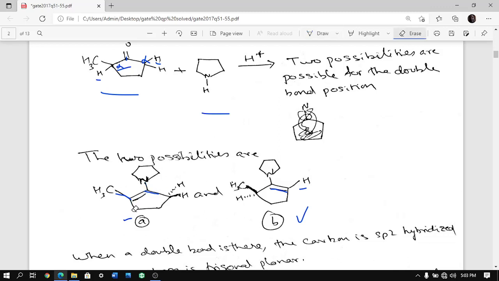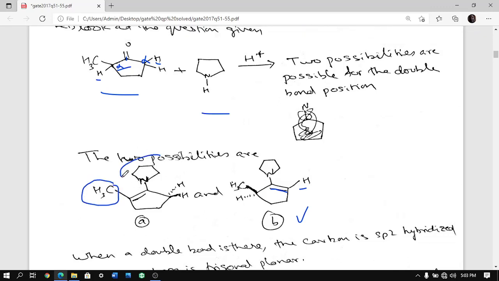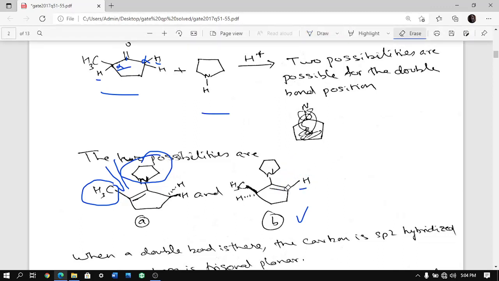So these three are in the board. Okay, now what happens is this CH3 is quite bulky, and even this secondary amine, cyclic secondary amine part, these two are bulky, and they are both in plane, exactly eclipsing each other, parallel to each other. It creates a lot of steric hindrance. Whereas if the enamine is formed this side, so these two are parallel to each other. Now hydrogen is very small, it does not create any steric hindrance. So this part we have no issues.